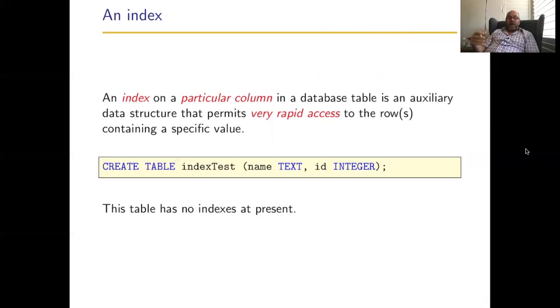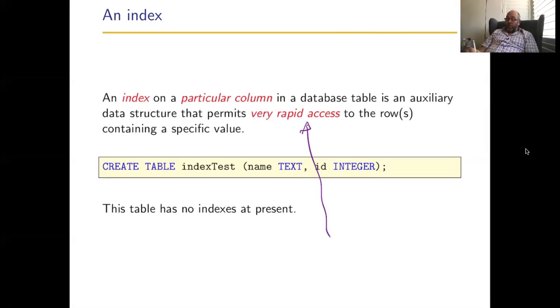An index is an additional data structure that contains the data in, roughly speaking, sorted order, and therefore has something like a binary search that provides very rapid access to the rows that contain a specific value. I'm being a bit coy here about what the data structure actually is.